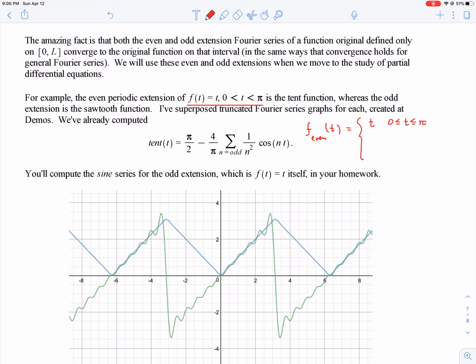And when t is negative, I will take f of minus t. If t is between minus pi and 0, minus t is between 0 and pi, and so the value of f of minus t is minus t.